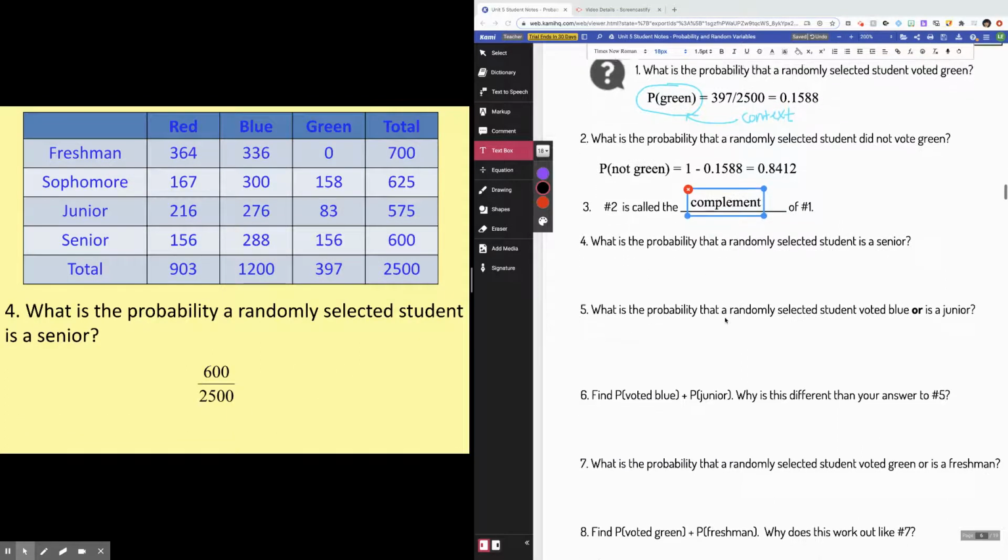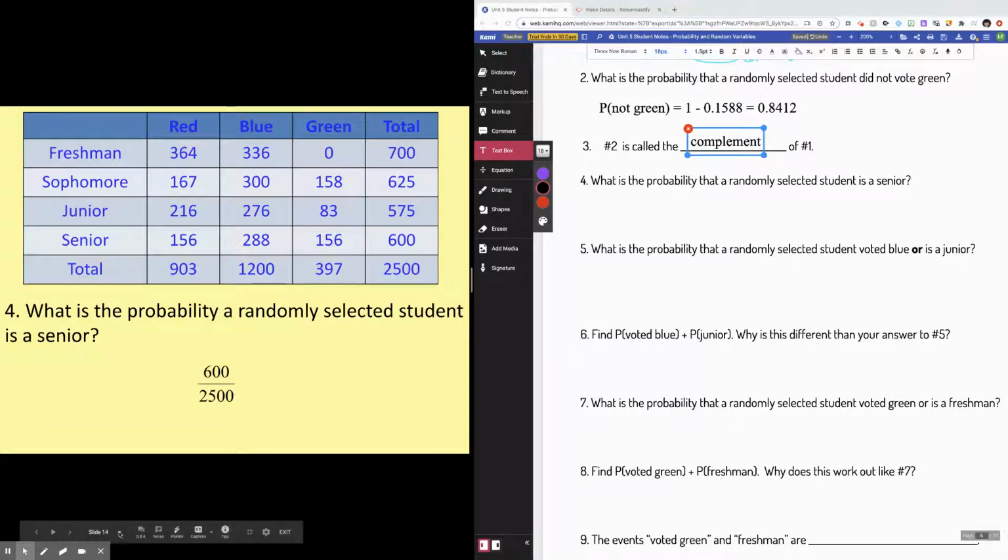Okay. Question 4 says, what's the probability that a randomly selected student is a senior, right? So rather than looking in these margins, the ones down here at the bottom, I'm going to look in the column margins here, which is 600, right? 600 seniors divided by the total, 2,500. So if I'm going to put that in probability notation, that's P parentheses senior.